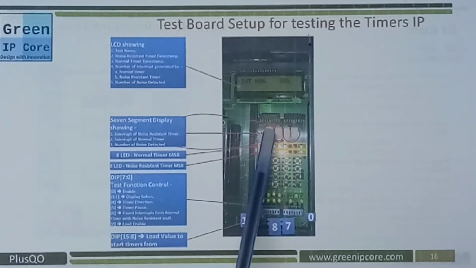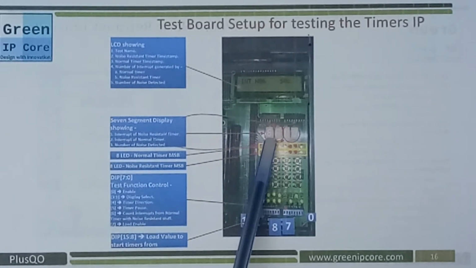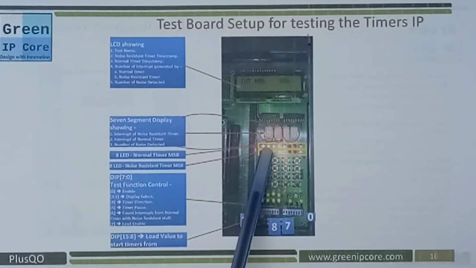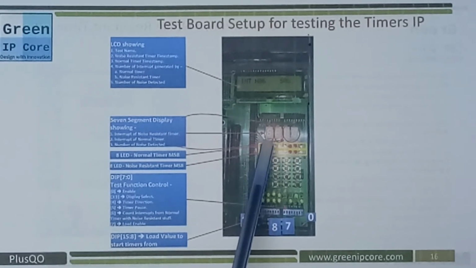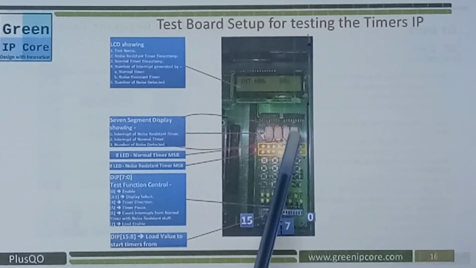On the 7-segment displays over here, we are displaying the interrupts which are generated by the normal IP, the interrupts which are generated by the noise resistant IP, and the error count, or the noise resistant noise event count, counted by the noise monitoring blocks.